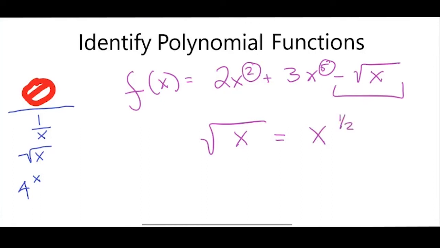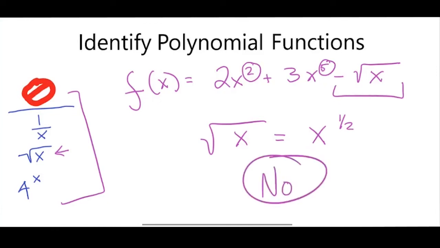So this one is not a polynomial function, because we look over here on our chart and it shows that if I have x inside of a radical, it is not a polynomial function. So I would say no, this is not a polynomial function.